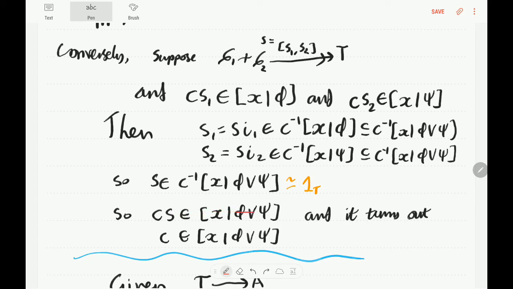So C S is in phi or psi, and apparently it turns out that C is actually in phi or psi.